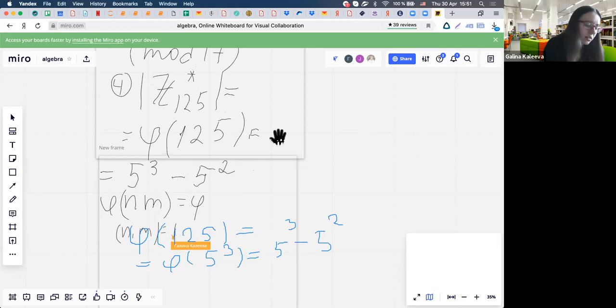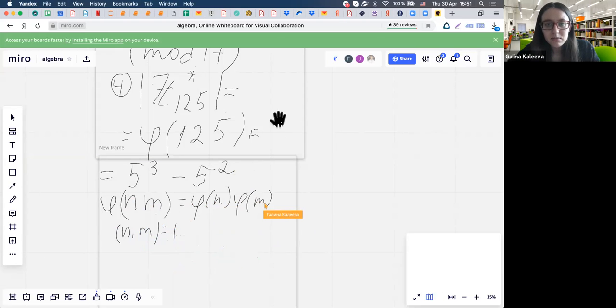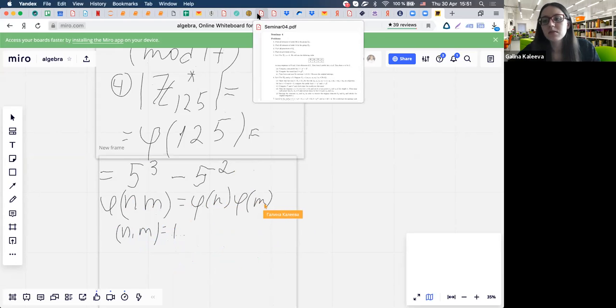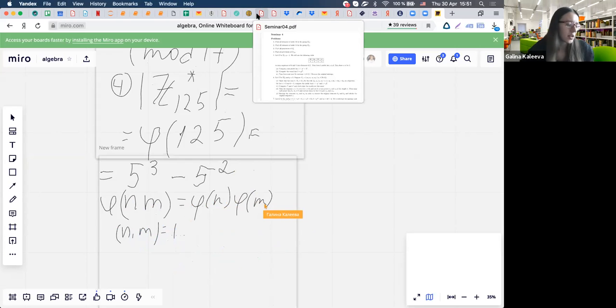Phi of n times phi of m. Yeah, right. The product of the functions. Great. So, using this fact, we can find the number of elements in our group, which is 100.